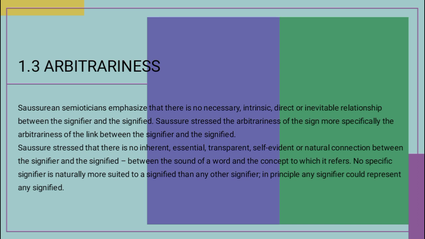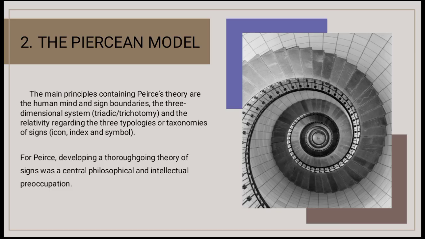Saussure stressed that there is no inherent, essential, transparent, self-evident, or natural connection between the signifier and the signified, between the sound of a word and the concept to which it refers. No specific signifier is naturally more suited to a signified than any other signifier. In principle, any signifier could represent any signified.